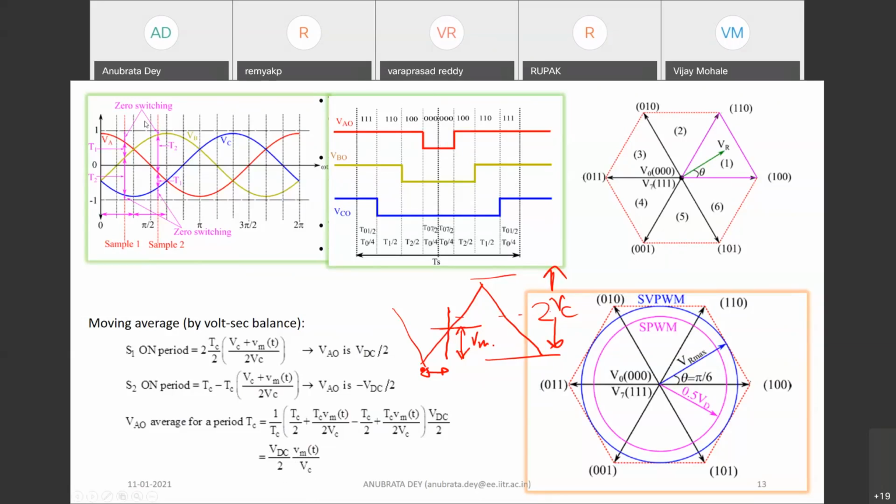In a particular place you have seen this right hand side, but this scenario will change depending on the location of the sample. So here in sample 1 you are taking one sample, and in between several samples are there. Several samples means several TS intervals, there will be many TS intervals in between. So like that, you can have sample 2, you will get a different scenario, which is different from sample 1.